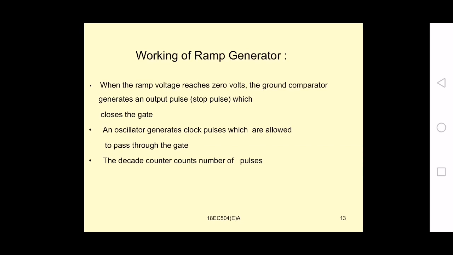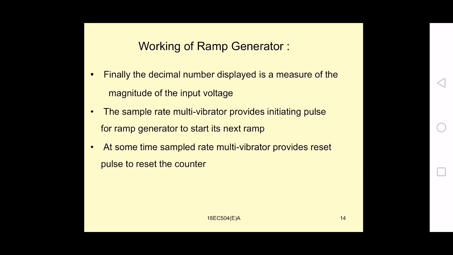During this gate period, the oscillator generates clock pulses, which are allowed to pass through the gate. The decade counter counts the number of pulses that are allowed through during this gate time interval.